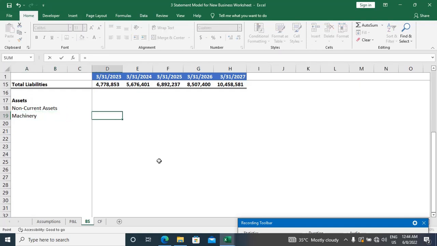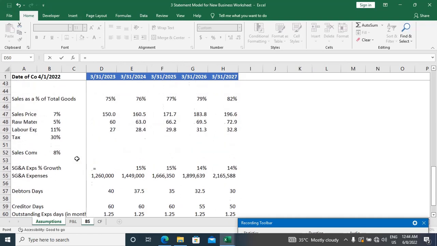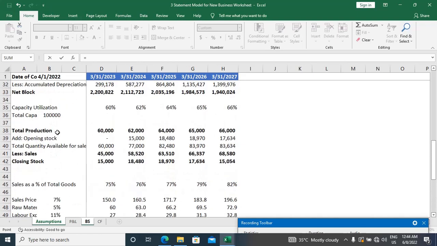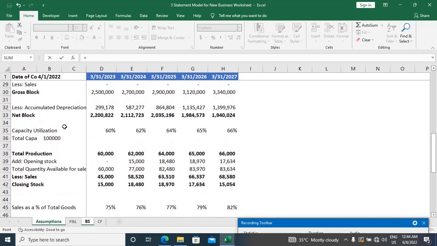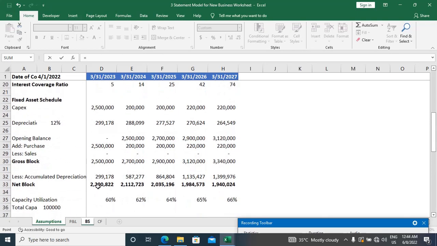So press equal to, control page up. Non-current asset, it was machinery in the assumptions. There was the net block amount, and the charge of depreciation was given there.